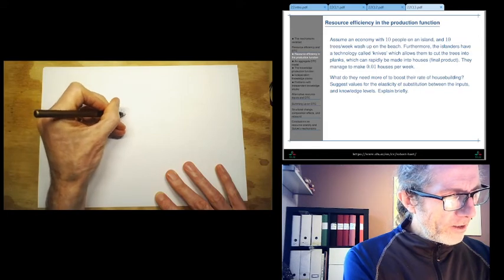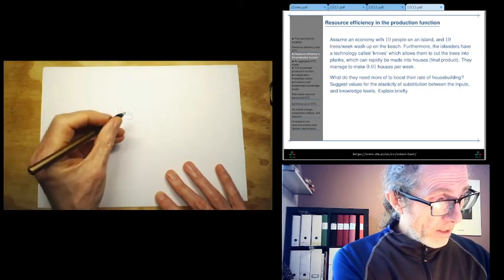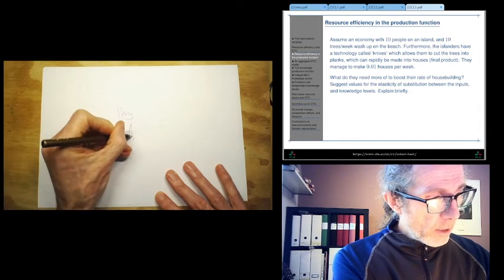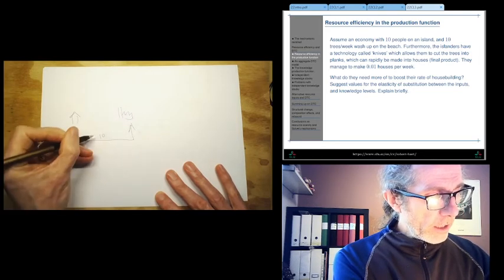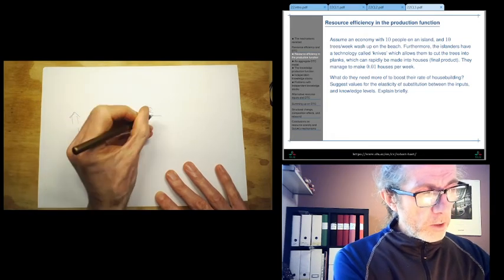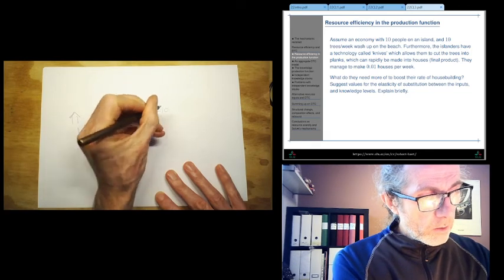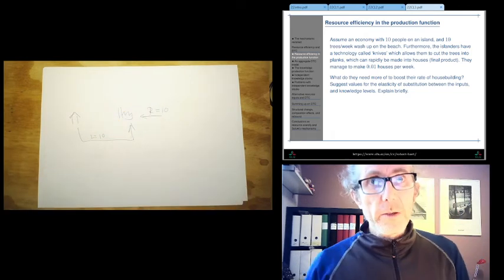I'll draw the factory, but of course actually we've got the beach. And I guess these 10 people are going to head off to work. That's L is 10. And then we've got some exogenous R, which is also 10, per week. So our time unit is per week.